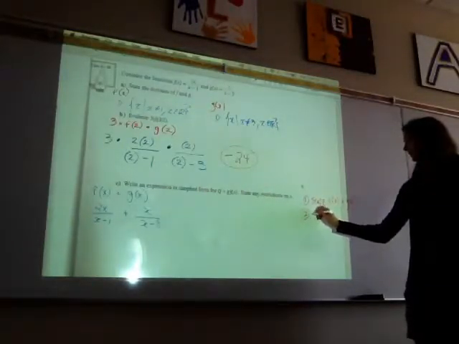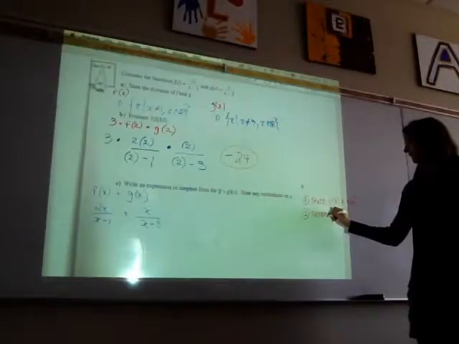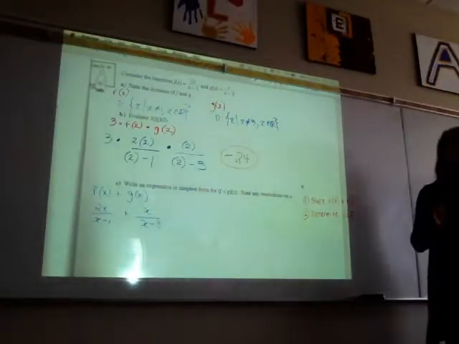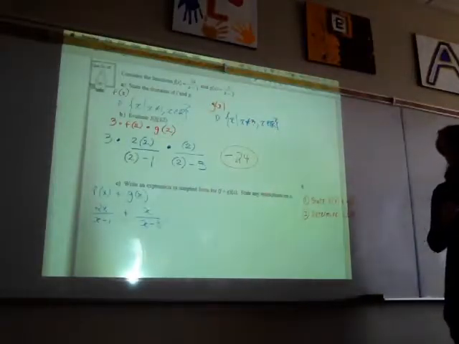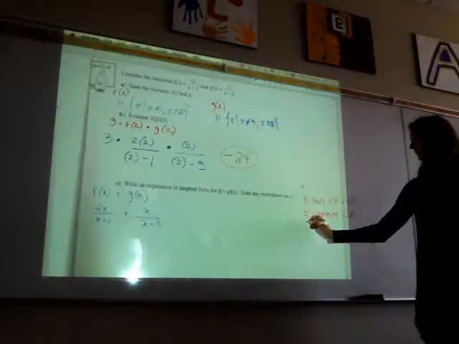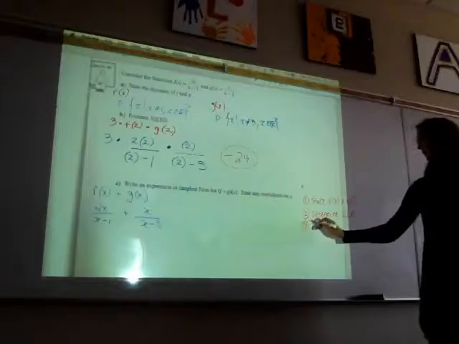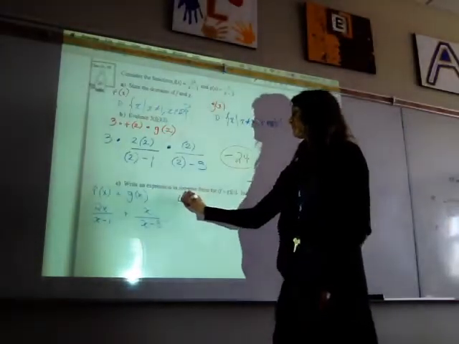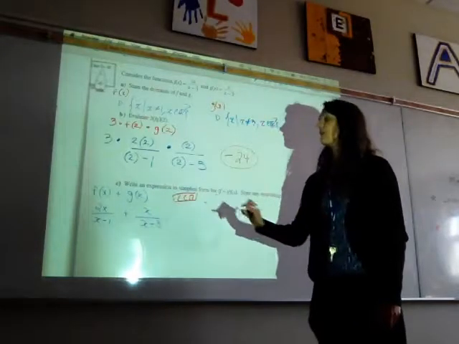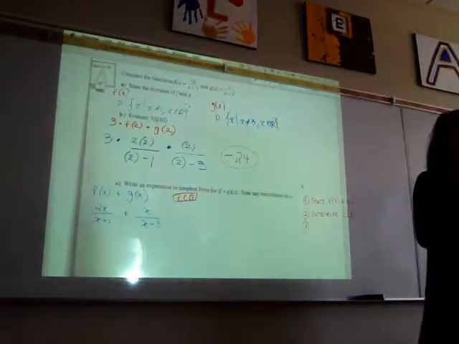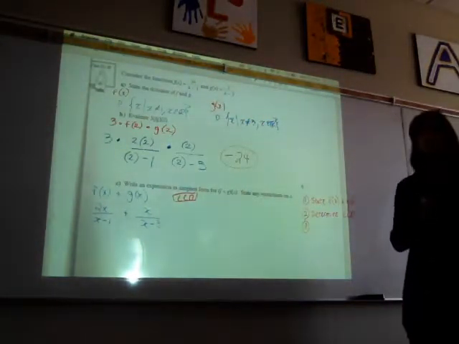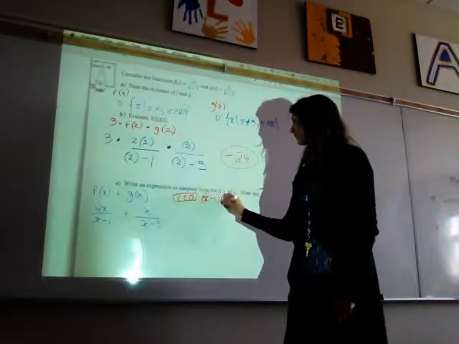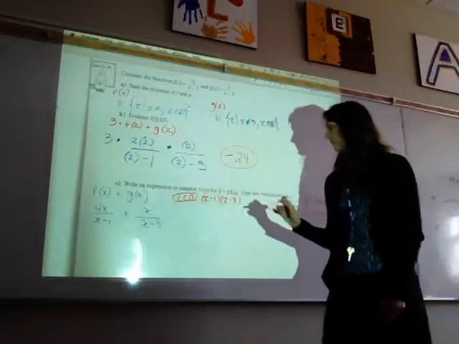Step 2, you're going to determine the lowest common denominator, or LCD. And in this case, what would our LCD be? Perfect, Brandon. So you're going to have x minus 1 times x minus 3.